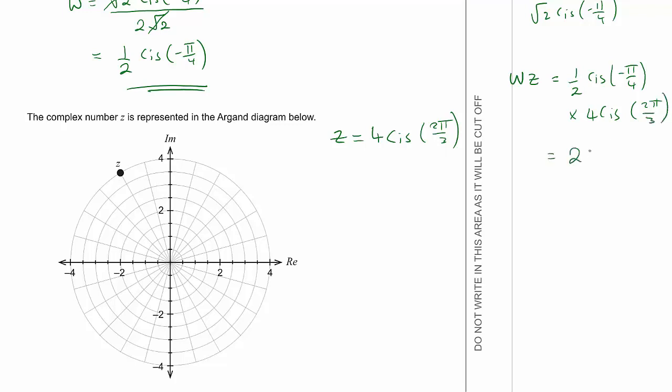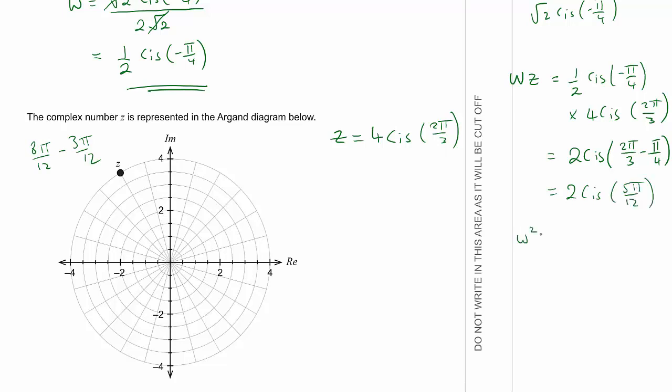So that's going to be 2 cis 2 pi by 3 take away pi by 4. So what we've got there is 8 pi by 12 take away 3 pi by 12, which is 5 pi by 12. So we've got 2 cis 5 pi by 12.